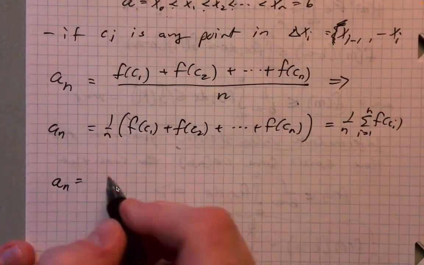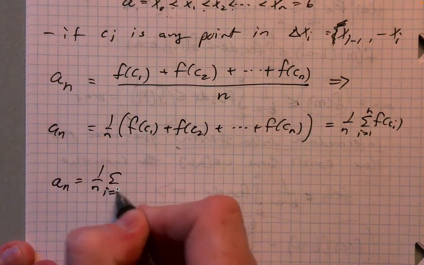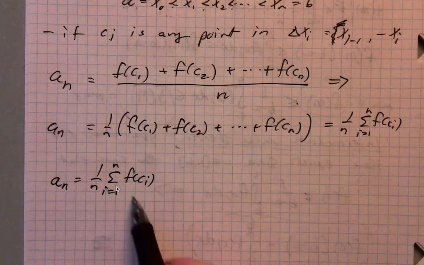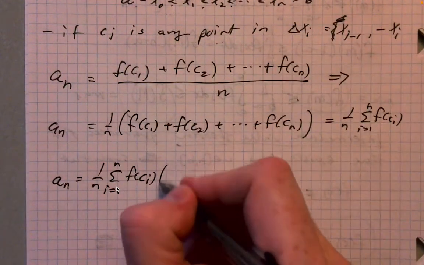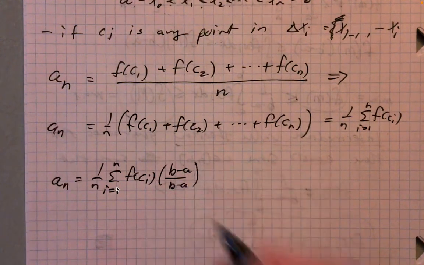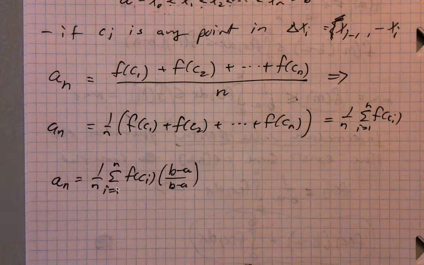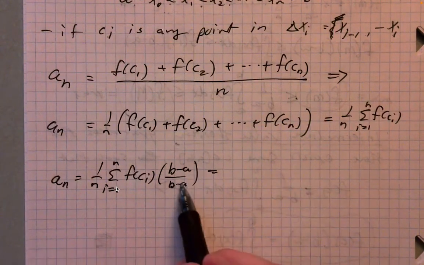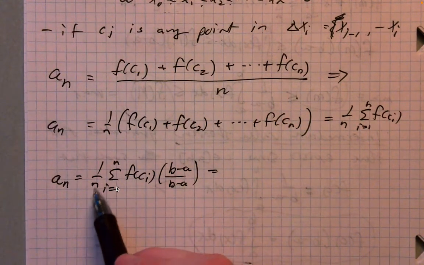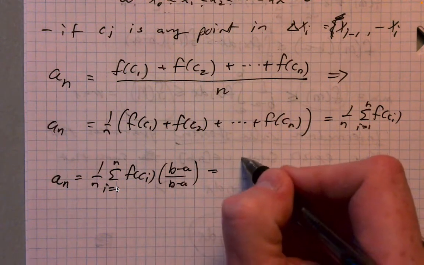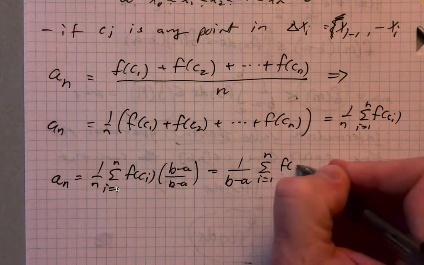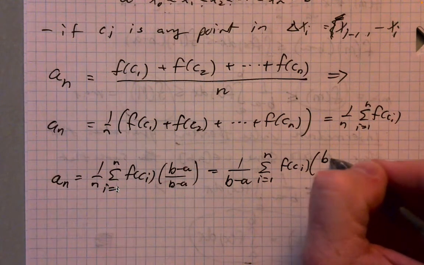So a sub n equals 1 over n times the sum from i equals 1 to n of f of ci. Now let's multiply and divide this by b minus a. We can do that, that's just multiplying by 1. It's an algebra trick. We take the denominator, pull it outside of the sum, and bring this n back in. And when we do that, we get this.